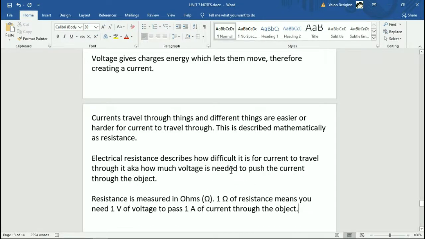So these three terms come together in what is known as Ohm's law. Okay, Ohm's law is very, very straightforward.